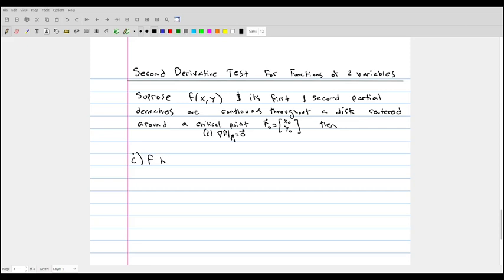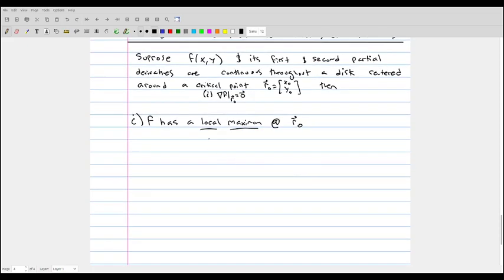F has a local maximum at the point R naught if the second derivative of f with respect to x at the point R naught is less than 0, and the following expression is also greater than 0.